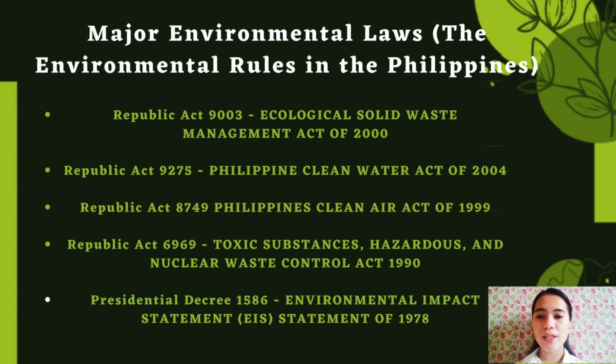The third one is the Republic Act 8749, Philippine Clean Air Act of 1999. The fourth one is the Republic Act 6969, which is the Toxic Substances, Hazardous, and Nuclear Waste Control Act of 1990. The last one is the Presidential Decree 1586, which is the Environmental Impact Statement or EIS System of 1978.